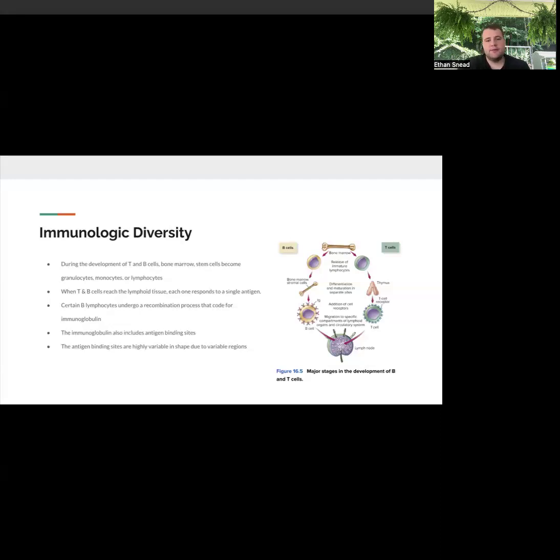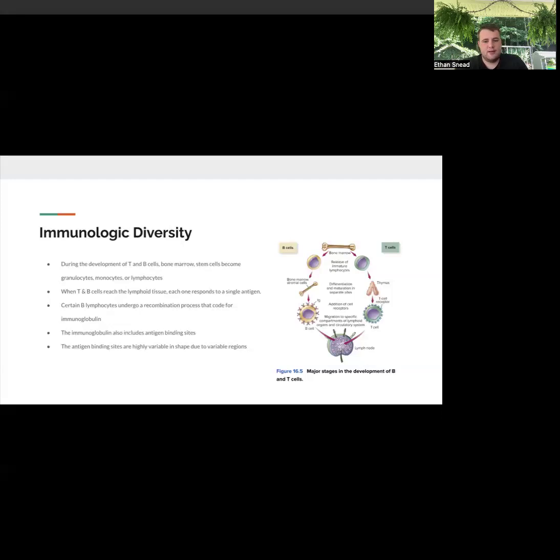The immunoglobulin is the chemical class of proteins to which antibodies belong, and they're large glycoprotein molecules that serve as the antigen receptors of B cells, and they're secreted as antibodies.